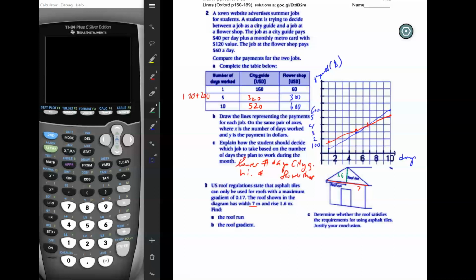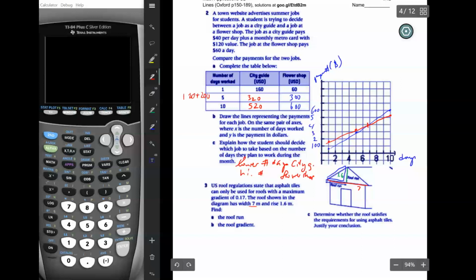And then it says to find the gradient to see if it is greater than 0.17. And so you have to be careful here, because if we want to find out the gradient of this roof, we shouldn't consider the entire structure of the roof. We should only consider this half here, because we only want one of these triangles, right? And so if we redrew this triangle here, the roof run is actually half of 7.